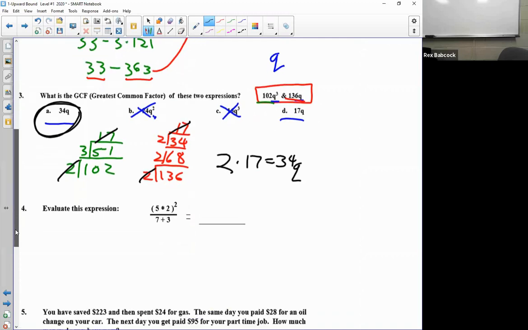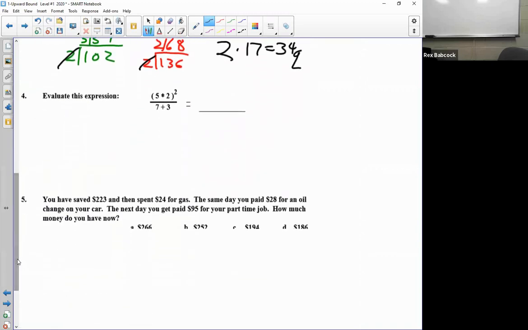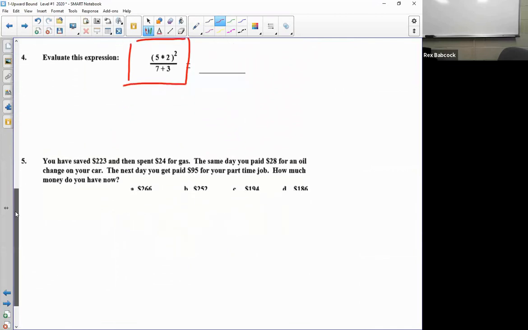Okay? Try 4 on your own. Evaluate either with or without a calculator. Everybody's doing this one right here, either on your own, by hand, or with the calculator to assist.